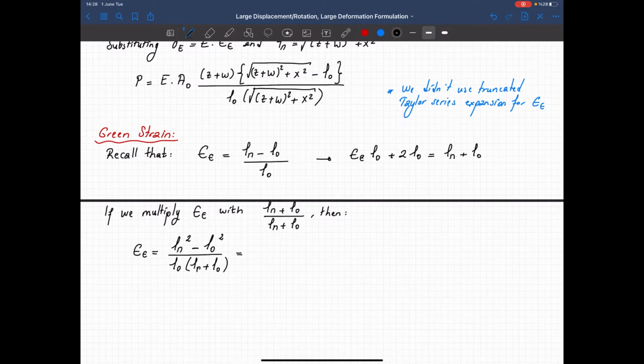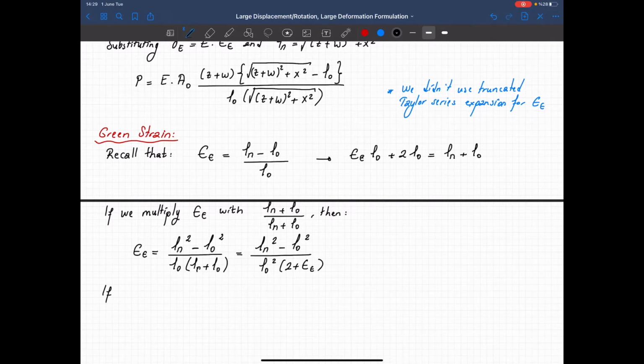So that will be equal to Ln squared minus L0 squared divided by L0 squared times 2 plus epsilon E. Okay, so here I actually insert this expression instead of Ln plus L0. Now here I didn't like this, so we are making an assumption here.